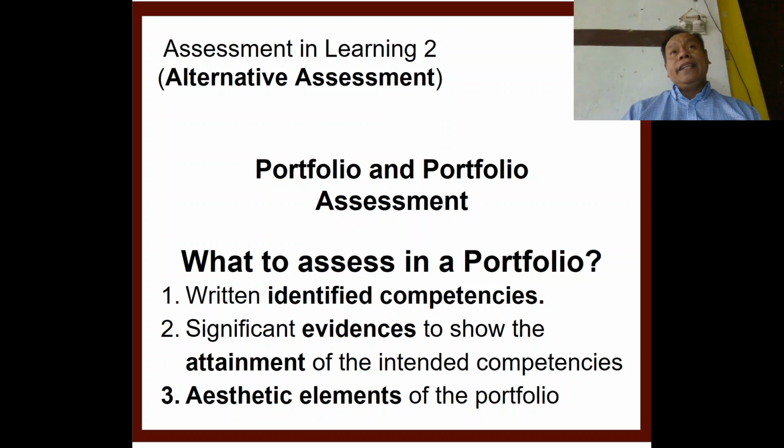What are the evidences that you can show and that you documented to show that the competencies or the topics discussed are attained or you know that already. And then also you look at the aesthetic elements of the portfolio.